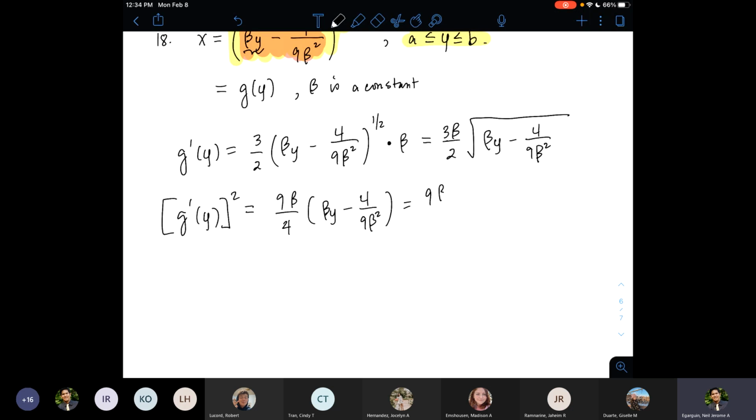So this would be 9 beta squared y over 4 minus 4 cancels, 9 cancels, one of the betas will be canceled. This would be 1 over beta. Oh, sorry, this is beta squared. Remember, I am squaring beta, so this would be beta to the 3rd. And then this would be gone. This would be 1.